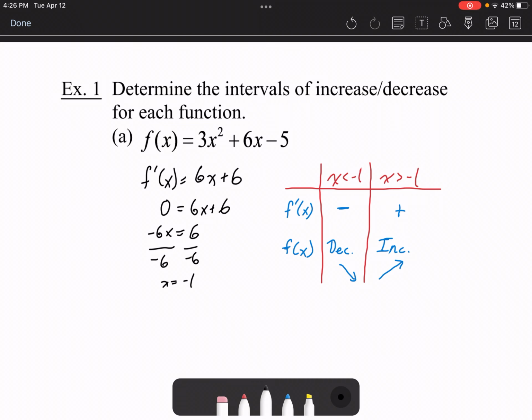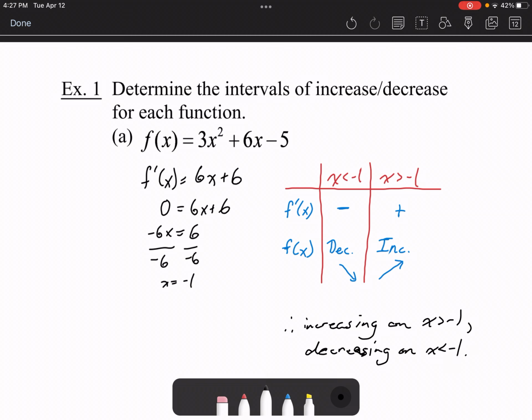So therefore, this function is increasing on the interval from x being greater than -1 and decreasing on x values less than -1.